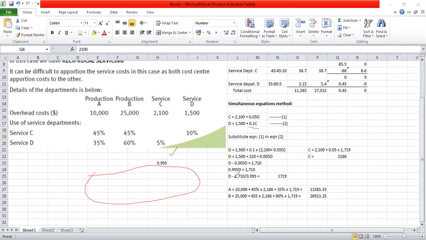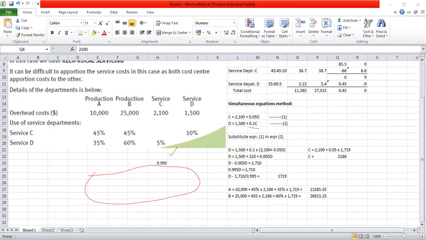So we could calculate C is equal to 2186 and D is equal to 1719. Now what are the total costs of A and B? So A is equal to, here I stopped, so let me finish this one.